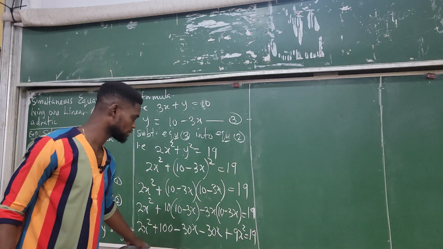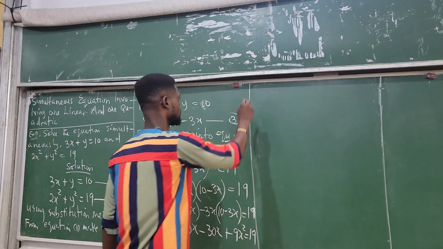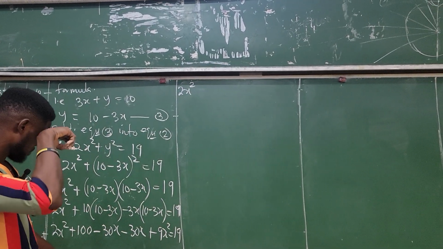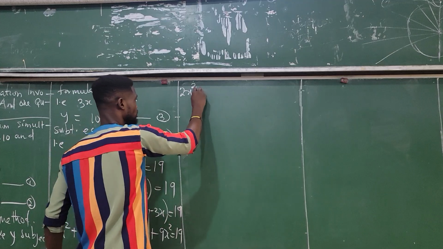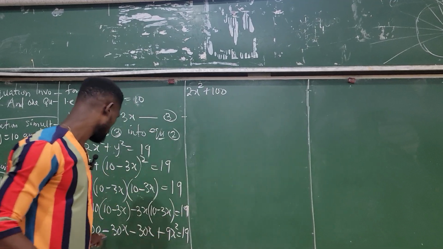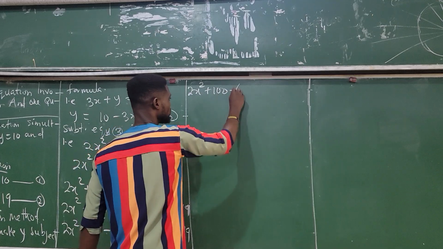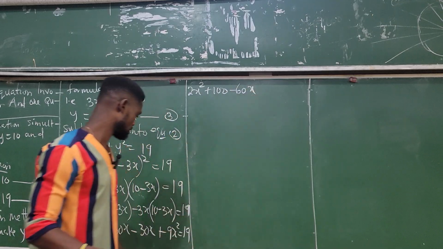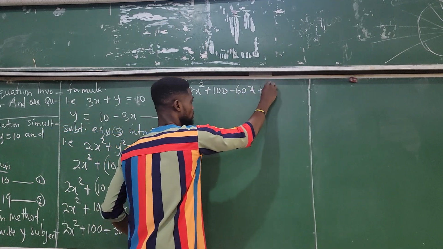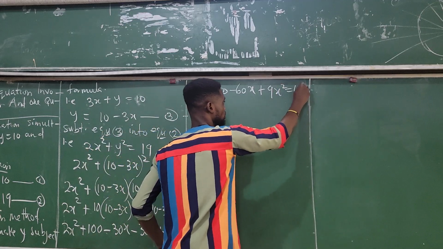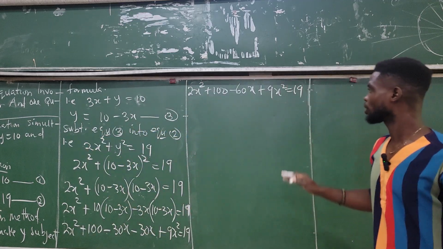So if you look at this, we have 2x squared plus 100 minus 30x minus 30x, that is minus 60x, plus 9x squared is equal to 19. All right, so what do we do?